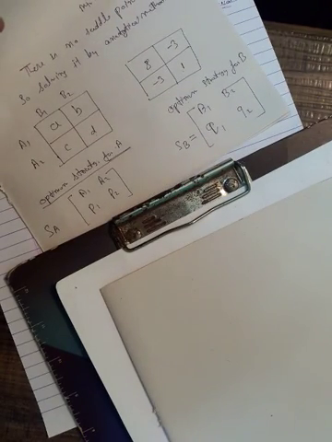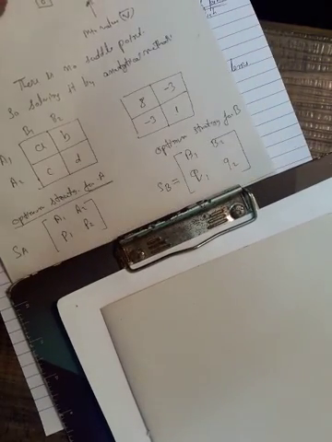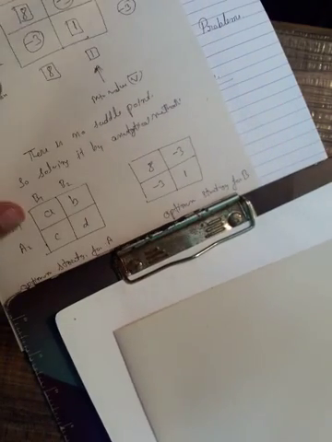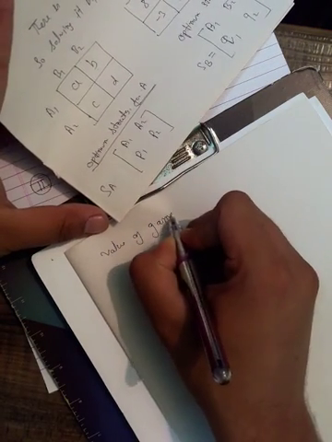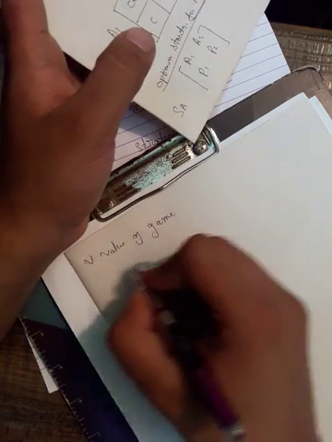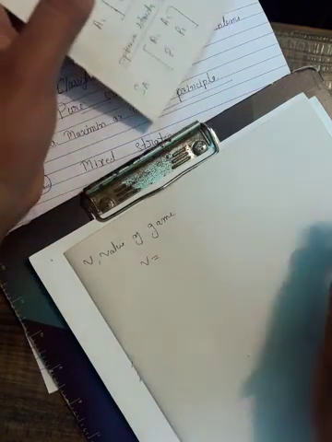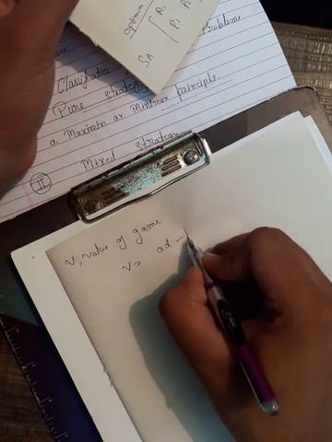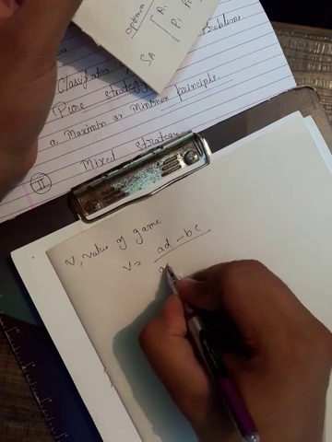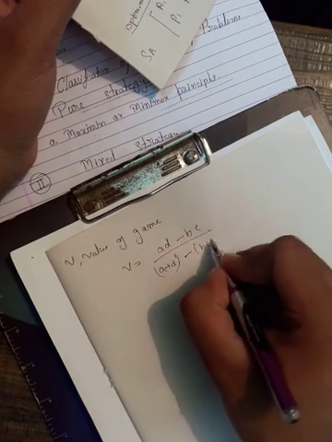Now you need to find the value of the game, denoted by V. The formula is (AD minus BC) divided by (A plus D minus B plus C).